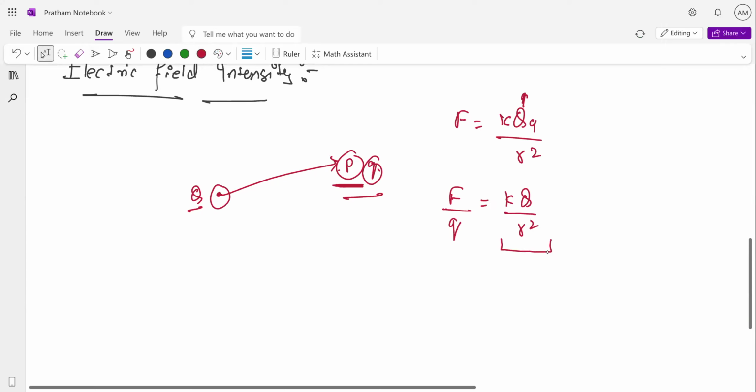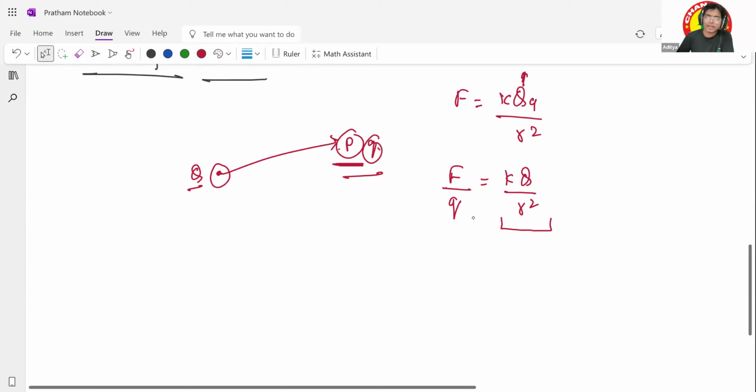If you see carefully, this parameter suggests something. Right now I don't know what it is, but everything in this formula doesn't have any relation with the small q. You can see k is a constant, Q is basically the charge of this particle, and r is basically the distance.